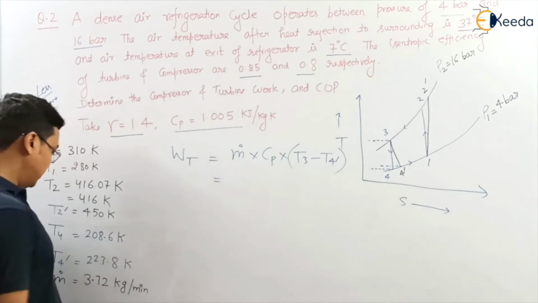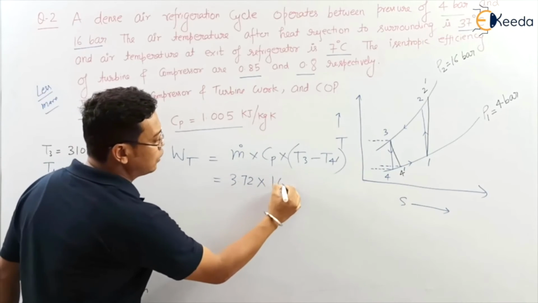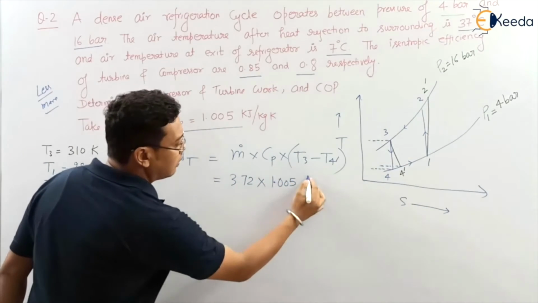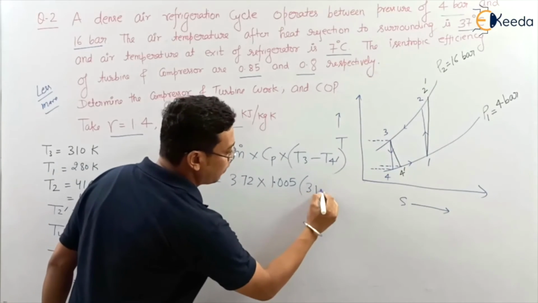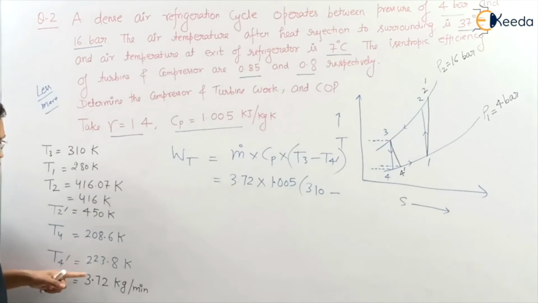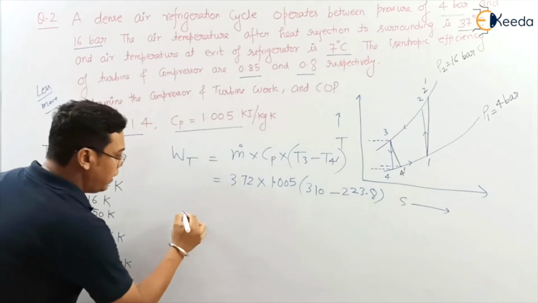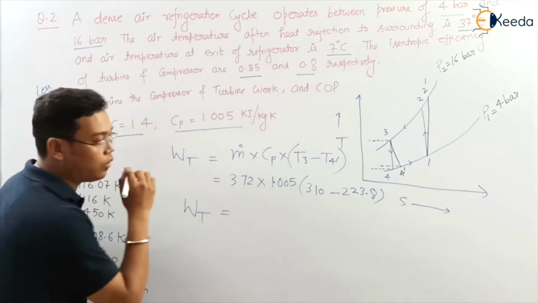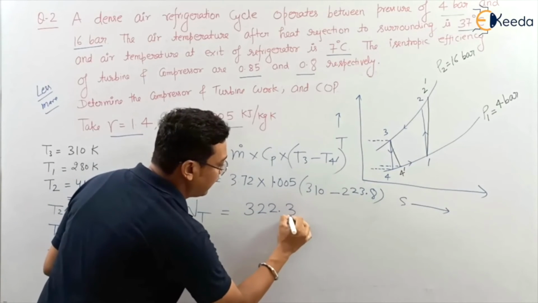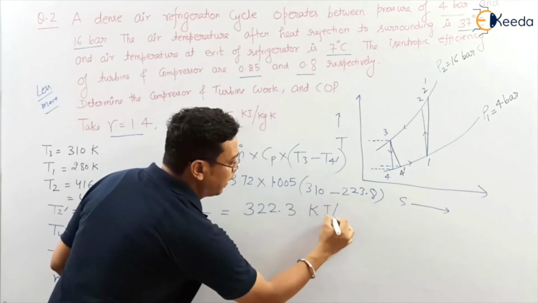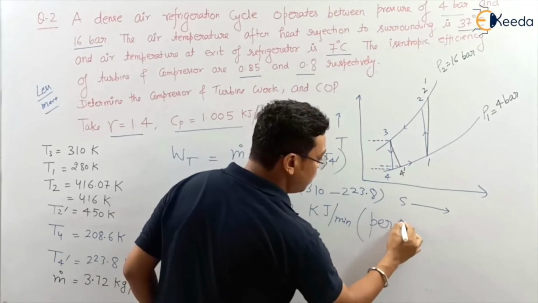Mass flow rate is 3.72, Cp is 1.005, T3 is 310 Kelvin minus T4 dash 223.8. If I calculate through the calculator, you will get 322.3 kilojoule per minute. This is also per TR.